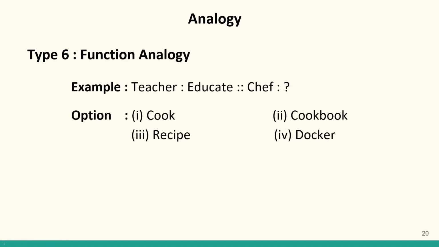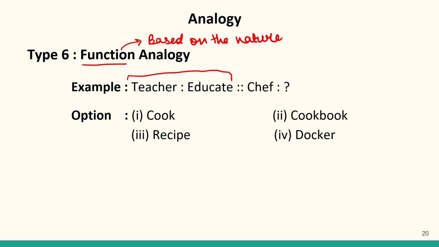Then function analogy. Function means, based on the nature, what is the actual function. Over here you can see the teacher is somehow related to educate. This is the first pair, and we have to find the missing element of the second pair.